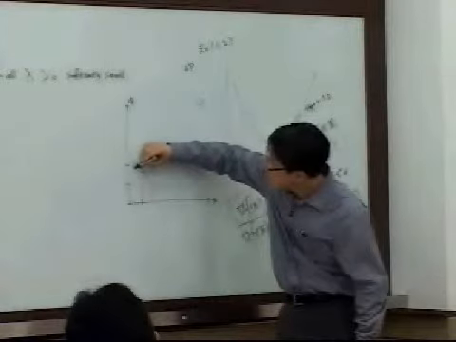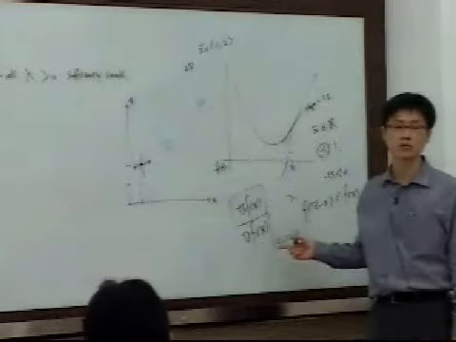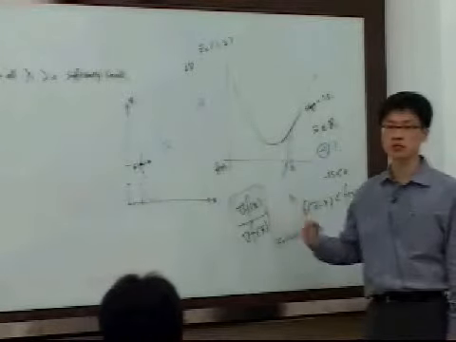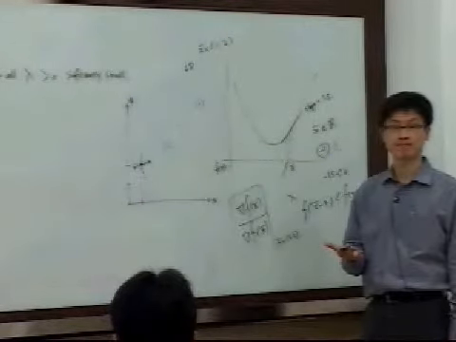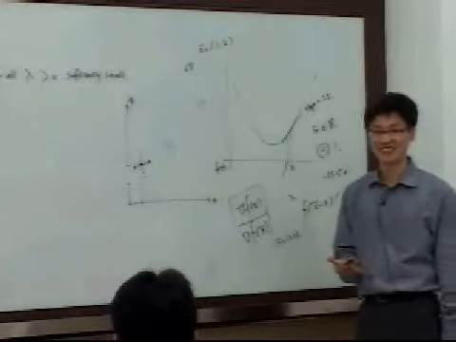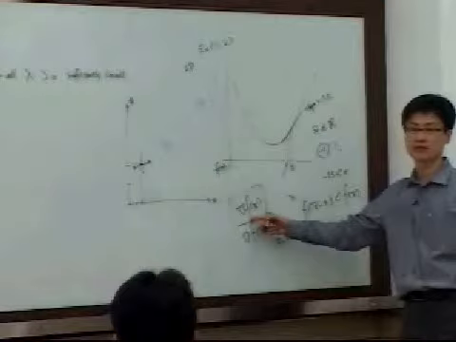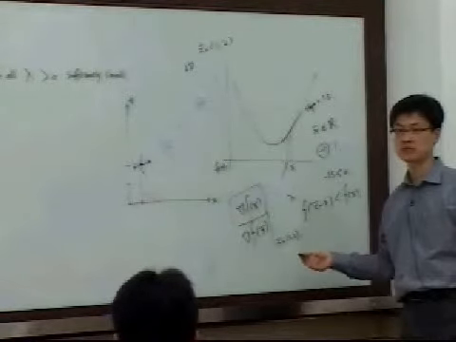At this point, this is perpendicular, and at the same time, this is perpendicular. Which one is the gradient of f(x)? Is it the increasing direction or the decreasing direction? Come on. Gradient. It's the increasing direction, right?